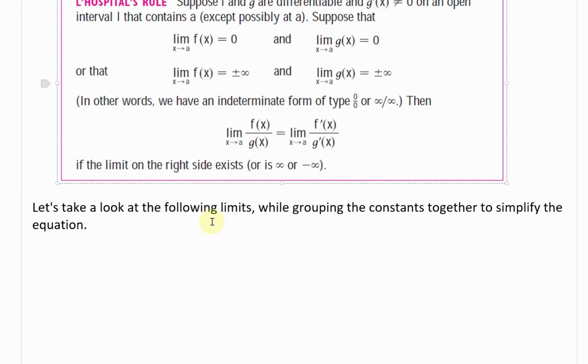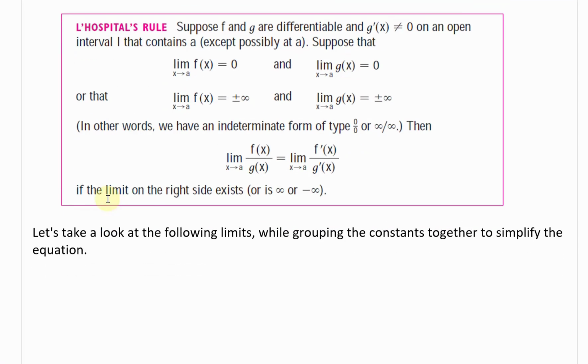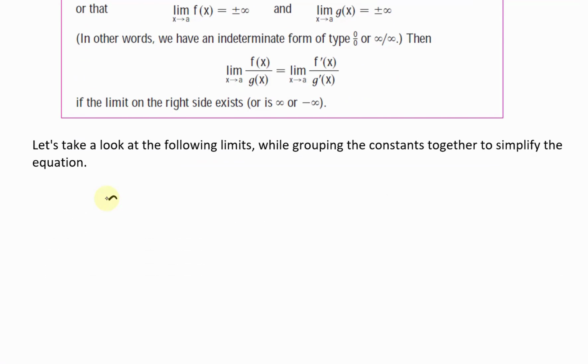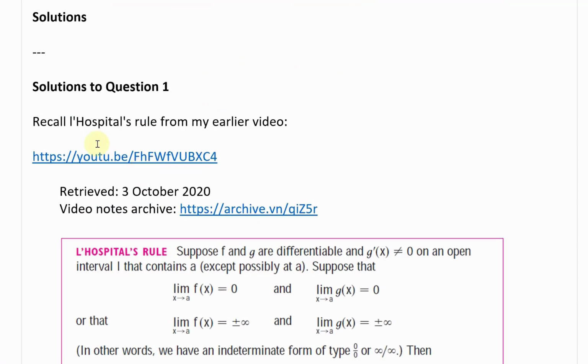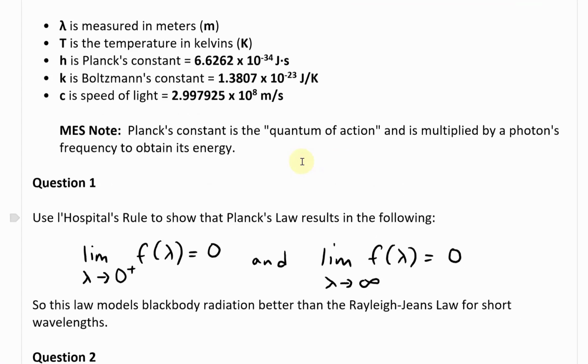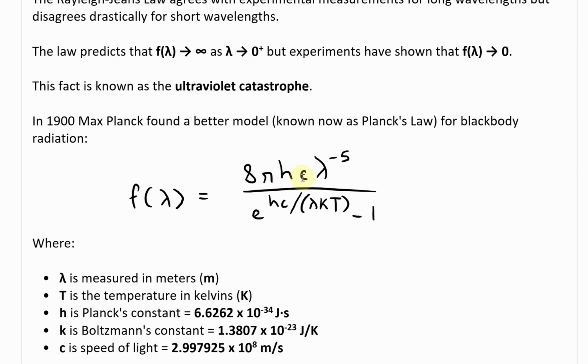Anyways, going further. So let's take a look at the following limits while grouping the constants together to simplify the equation. Alright, so let's just write our function down. F of lambda equals 8 pi hc and then lambda to the power of negative 5.